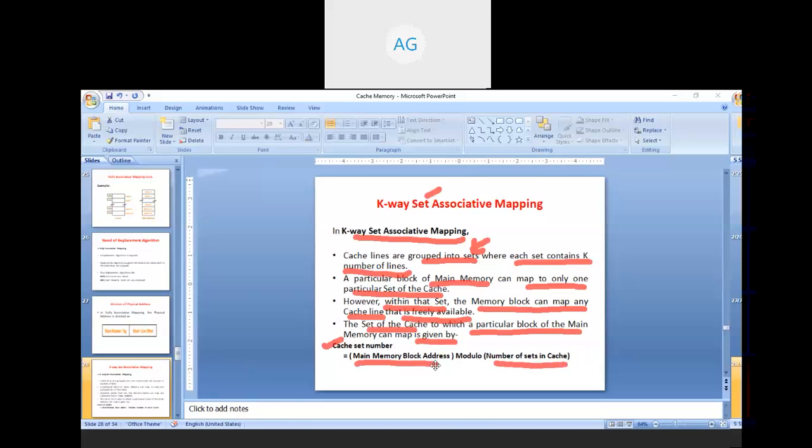This is the formula used for mapping from main memory to cache memory in the case of k-way set associative mapping. You need to remember this formula in solving questions based on k-way set associative mapping. So moving to the next slide.